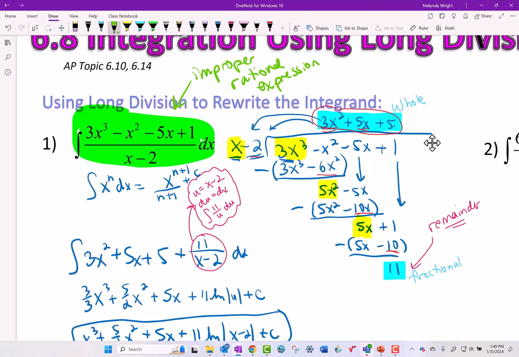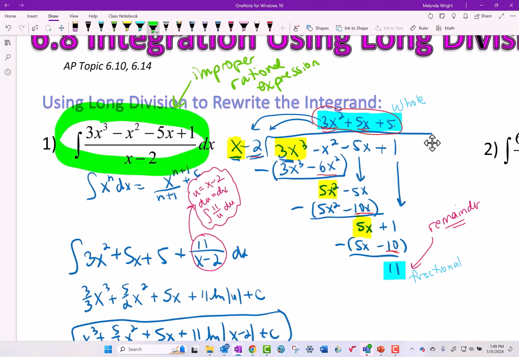So rationals, if you recall, is a polynomial over a polynomial, right? That's a rational. So I've got a polynomial over a polynomial. Since the leading exponent in the numerator is greater than or equal to the denominator, it's improper.